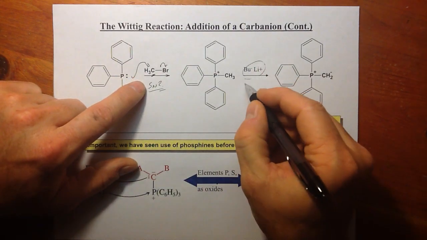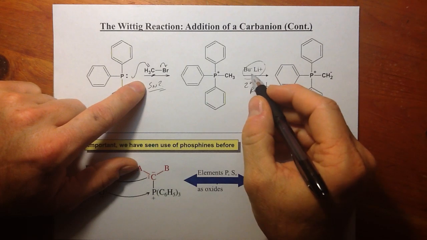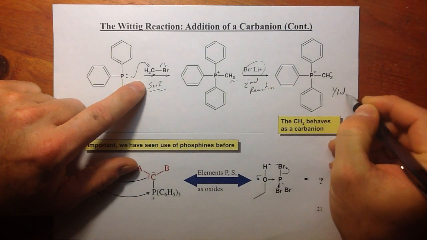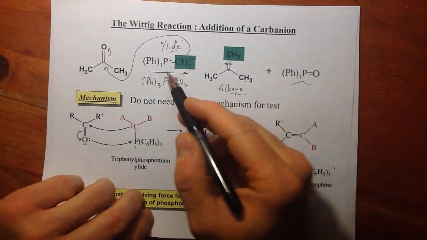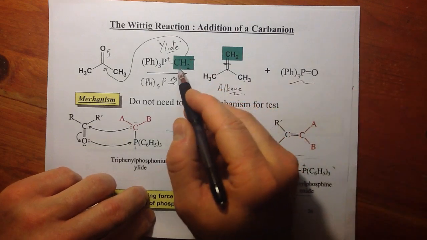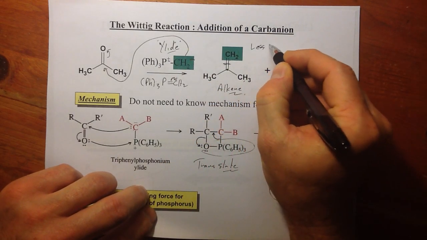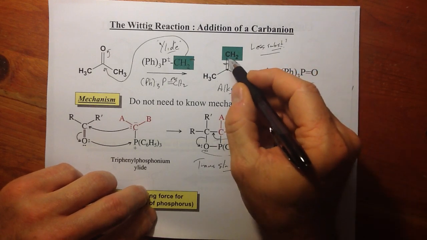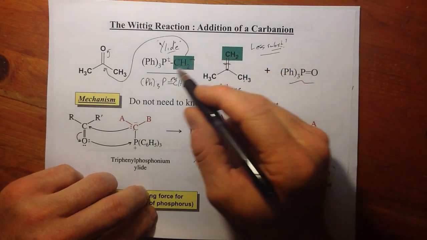In a subsequent reaction, we add butyl lithium, a strong base, to tear off a proton, and we get our ylide that we see on the previous slide. So we can make our ylide. But again, if we had to walk backwards, please remember you want the less substituted side of that double bond, that carbon that has the least amount of alkyl groups. You want that to have come from the ylide.